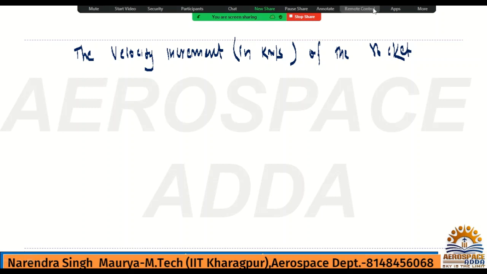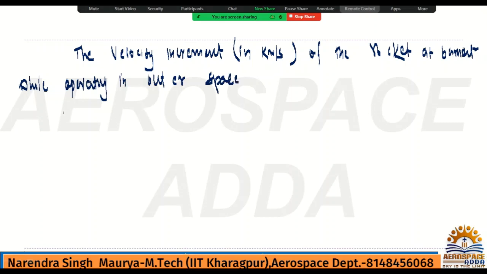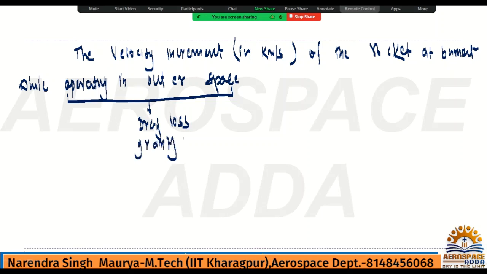The rocket at burnout, while operating in outer space. They use these words so that you know, while operating in outer space, all losses, drag loss plus gravity loss, will be 0. That's the meaning of it.